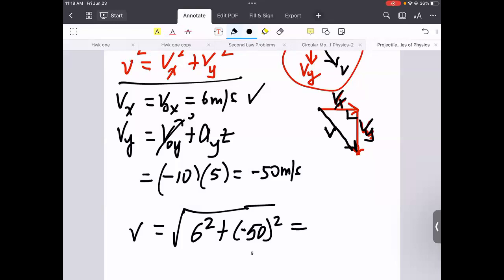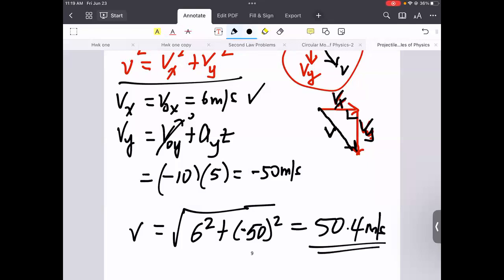So it's plus. I'm trying to do it here. You can also do it. Let's see what you get. I got 50.3, 50.4. So 50.4 meters per second will be the striking velocity.